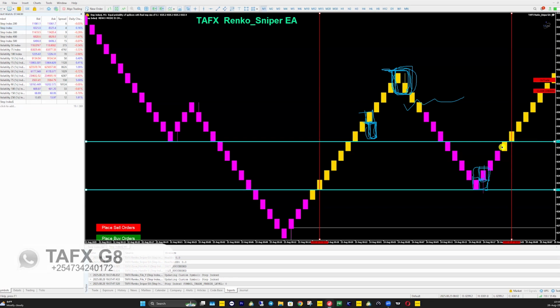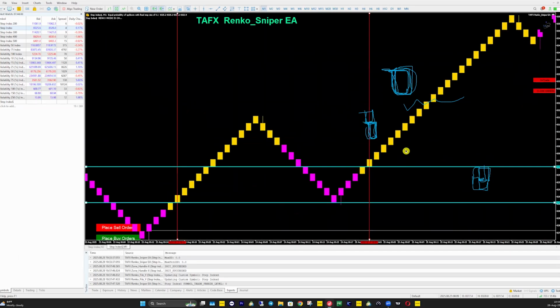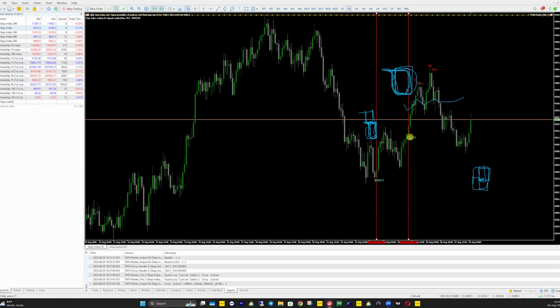So the moment it closes with this golden brick, the first golden brick, so the open price of the second golden brick, it must enter the trade. Entering this trade, it must also confirm the order blocks that we are seeing here on date 25th.